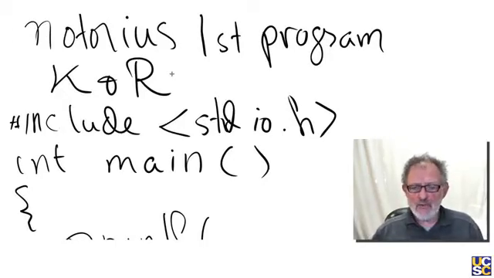So when we examine C, we're going to see a first program. It was made famous by Kernighan and Ritchie's The C Programming Language, the Bible. Indeed, it's one of the books I recommend, especially if you're a computer scientist, because it's somewhat sophisticated.